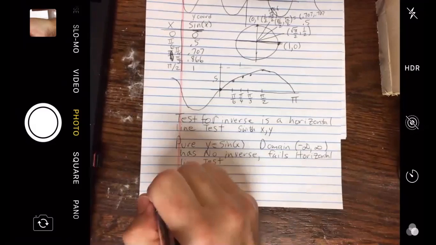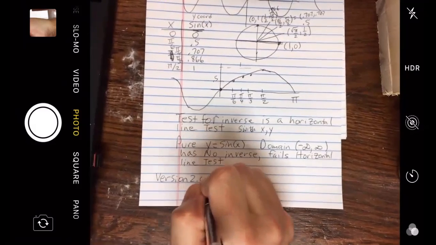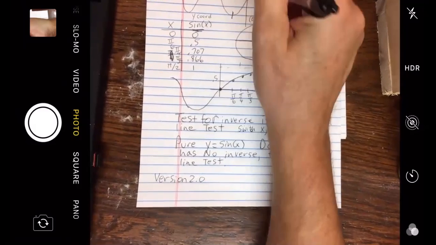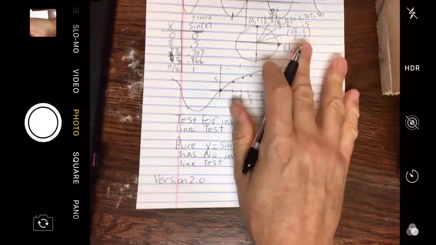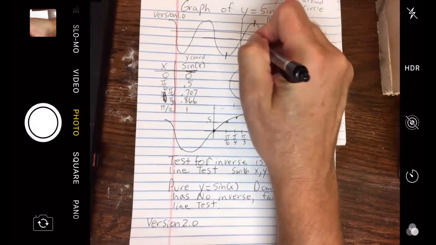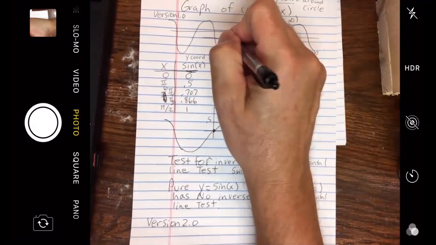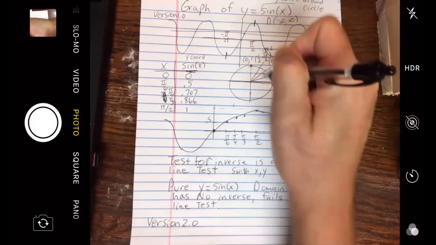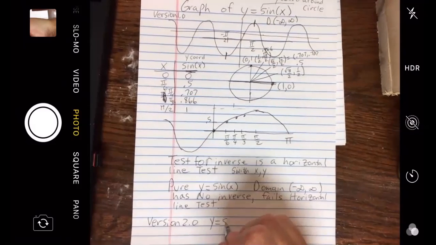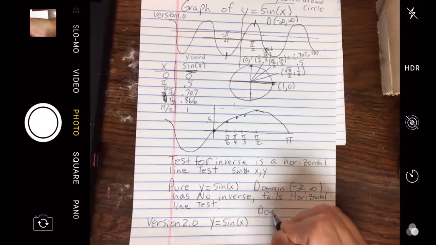So version 2.0, you can see you can cut it here and here. And it turns out this is at the top part of the circle where you're 1, so you're pi over 2 here. And this is going to be at negative pi over 2 down at the bottom half circle. Version 2.0, y equals sine x. It's called the domain restriction.